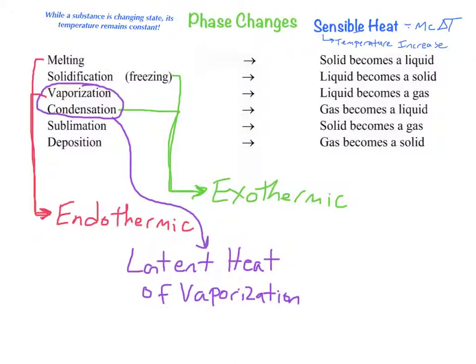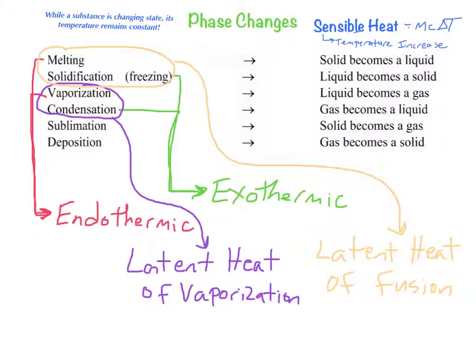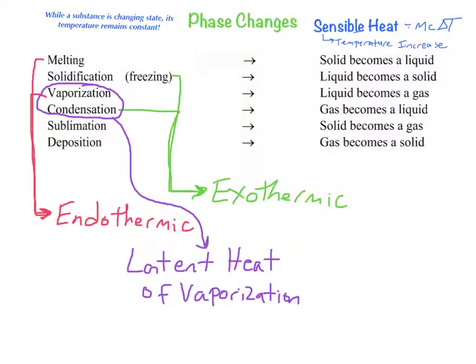Latent meaning hidden heat, okay? So the heat energy that's needed to cause or reverse vaporization is called latent heat of vaporization, which is often shortened to heat of vaporization. And the heat energy that's involved in melting or freezing is called latent heat of fusion, or just the heat of fusion.